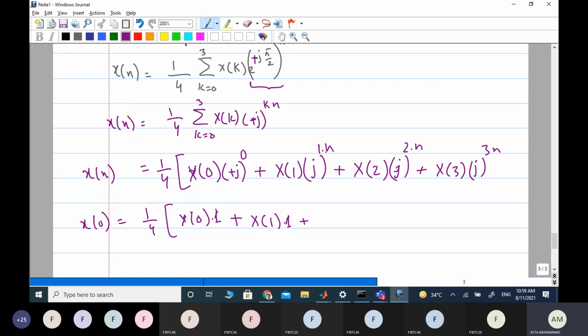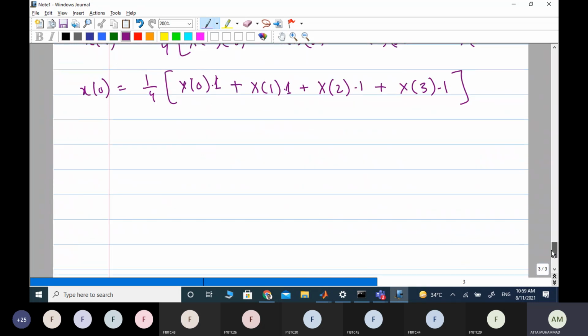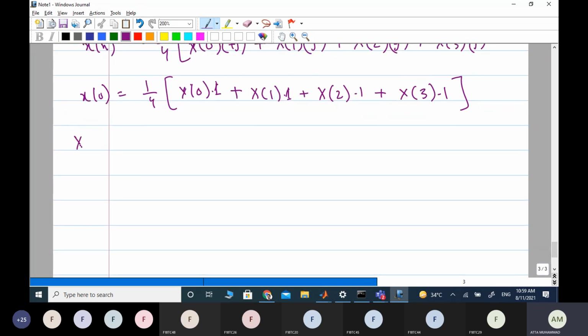Because when n is 0, it is multiplied with 0 here, and anything to the power 0 is 1. Plus X of 2, which again is multiplied by 1 because n is 0, plus X of 3 times 1. What is this? This is our small x of 0, because we are computing the time domain signal.